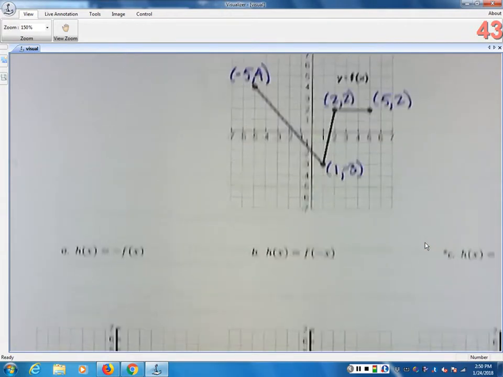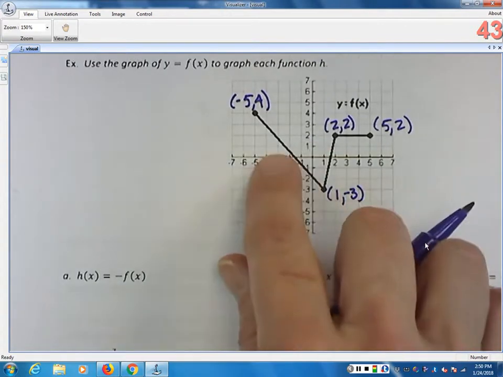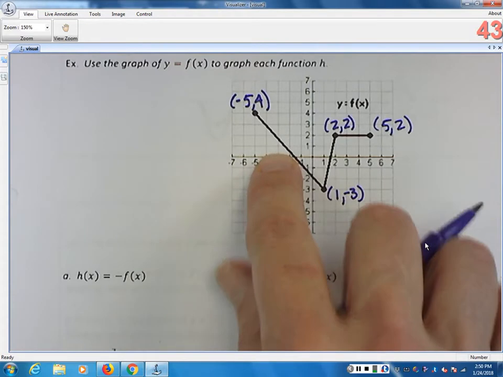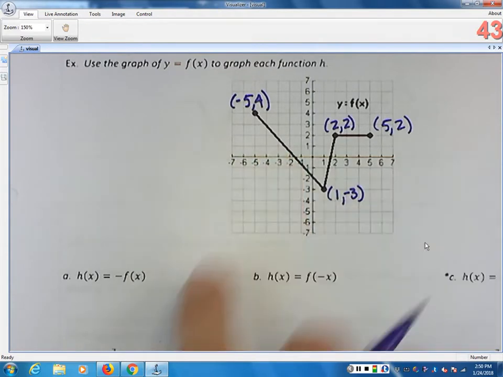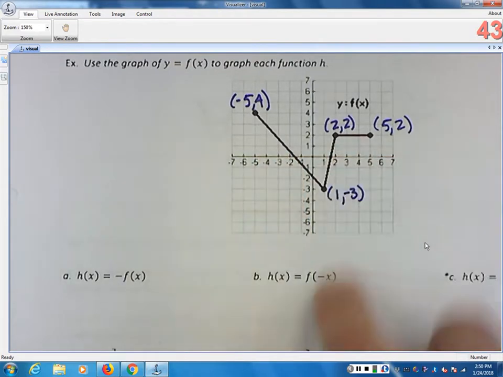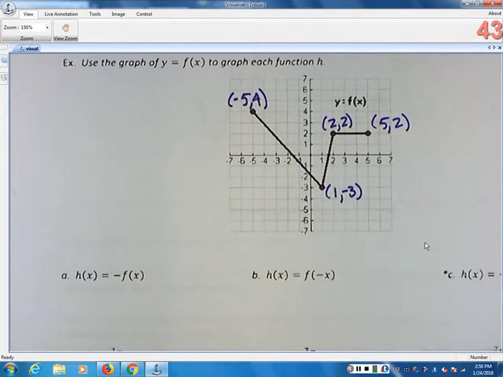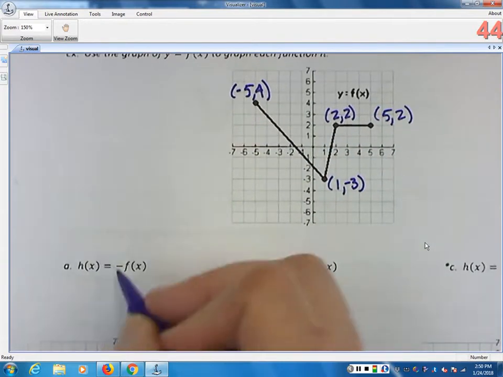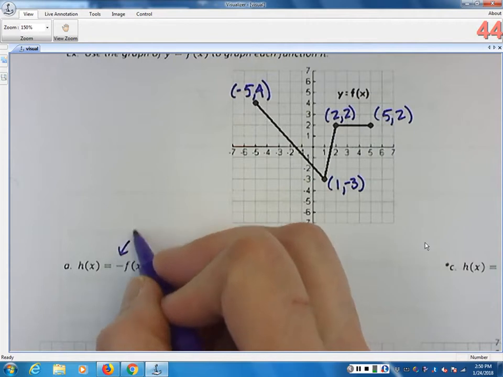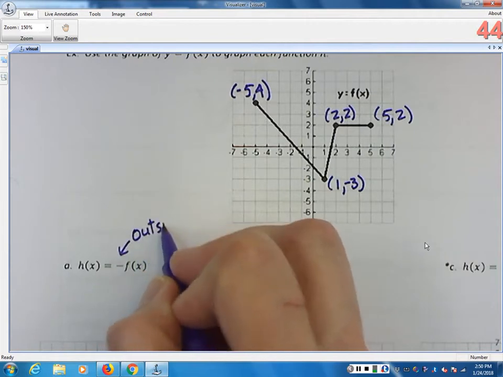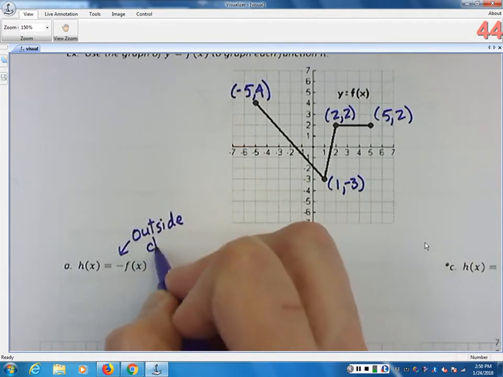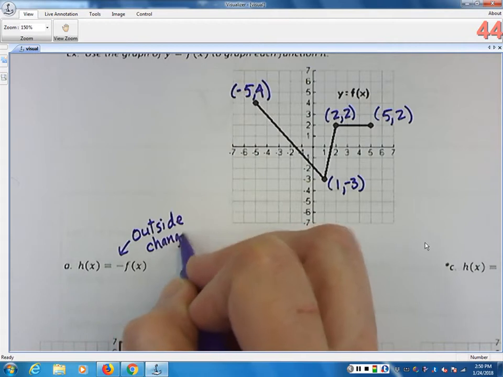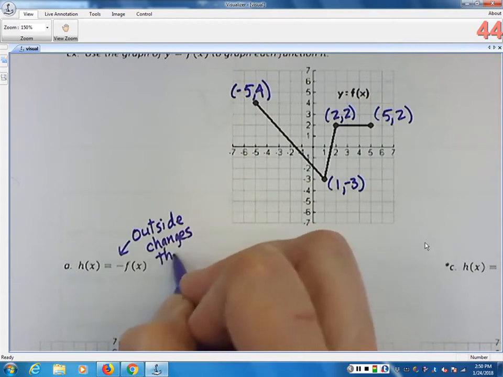Okay, so we're going to start with this figure each time. And then we're going to start with this figure and do that. And start with this figure and do that one. Okay, so the change is on the outside. It changes the sign of every y coordinate.